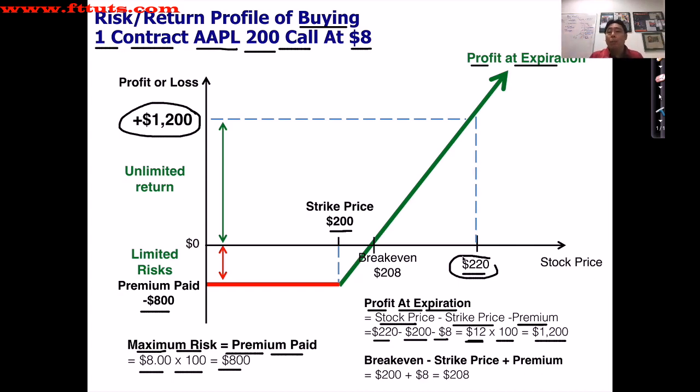Now, what's our break-even price? Our break-even price is equal to the strike price plus the premium. In order to break even, the share price has to move at least the premium that we paid. In this case, the strike price is $200 and the premium is $8, so the break-even price is $208.